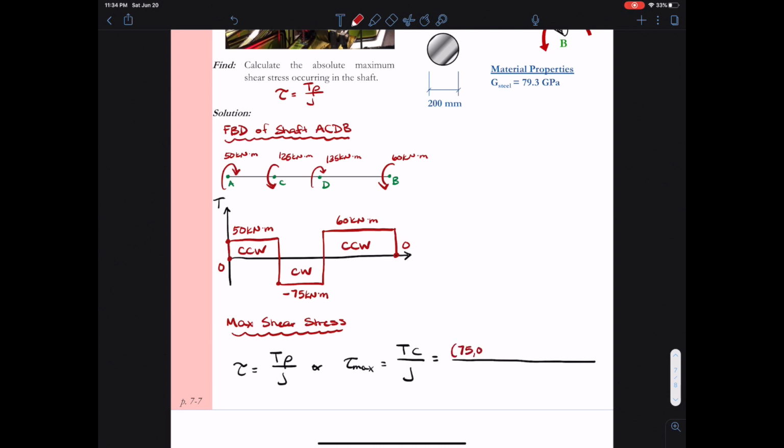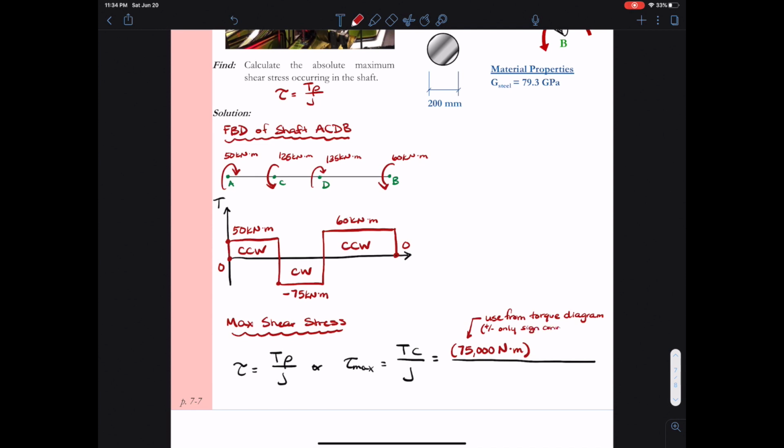Now, when we talk about shear stress, the negative is less important. The negative just tells us a little bit about the direction of the shear stress. Unlike axial stress, where positive equals tension and negative equals compression, the negative here just tells us a direction. And so in calculating the max shear stress, I'm just going to take the absolute value, since this is the absolute maximum shear stress.